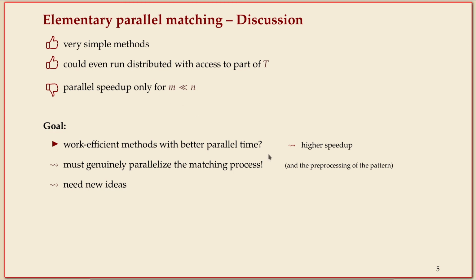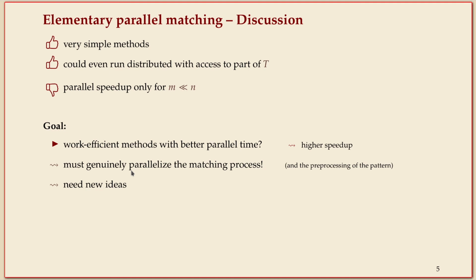Now, what would we like to improve upon this? What can we do on top of that? It would be nice to have work efficient methods, but then improve the parallel time so we get better speed up. And the only way to get that is to get at the matching part. Somehow we have to parallelize the matching process.